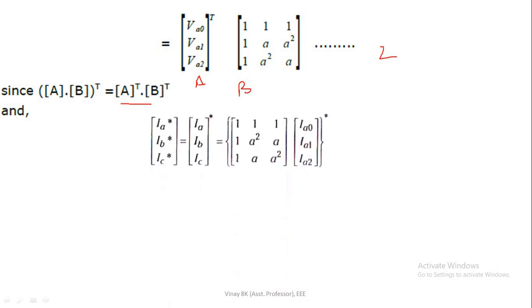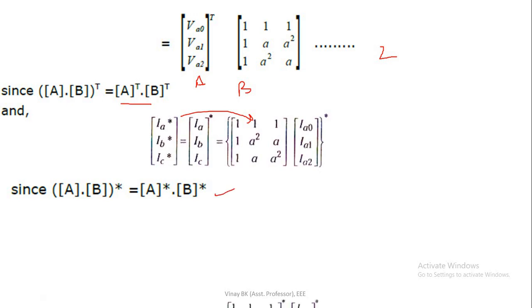Similarly, I'll do it for the line currents, because once you have the voltage, next you have to calculate the current. So the line currents in terms of symmetrical components, again the same thing. Here the transpose conjugates will be there; with the help of the matrix rule, A into B whole conjugate can be written as A conjugate into B conjugate, so we can write the conjugate values separately.